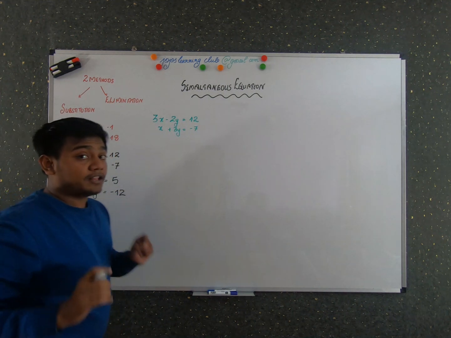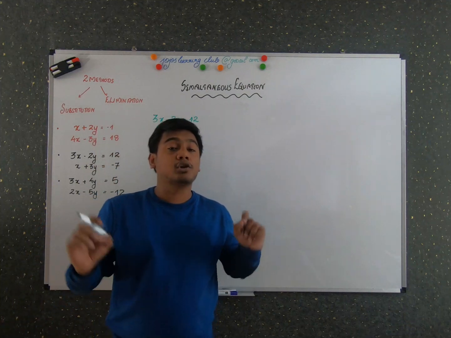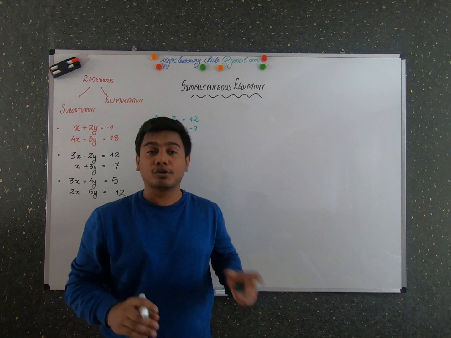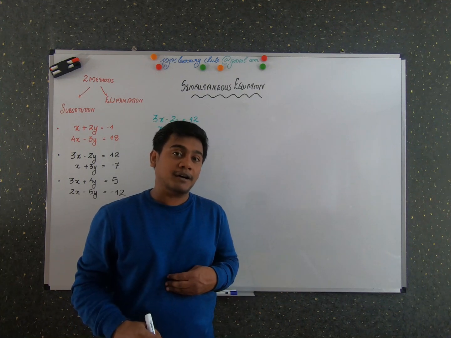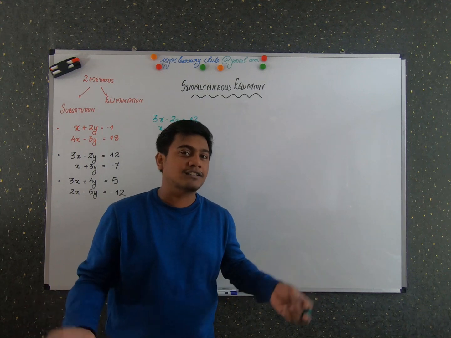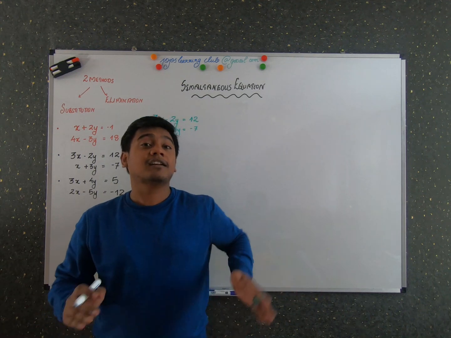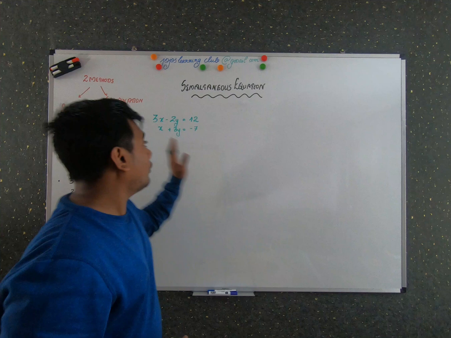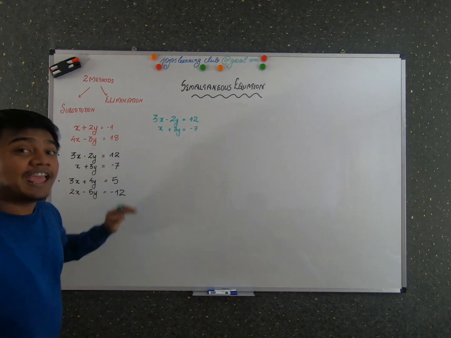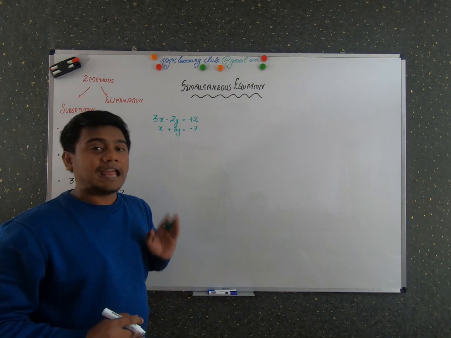As I said, when the question does not specify to use the substitution or elimination method, whichever way you find easy, you can use it. Personally, I feel the elimination method is easier, so I would take the elimination method rather than the substitution method. But here, for the first problem I will be dealing with substitution and for the second problem I will be dealing with the elimination method.